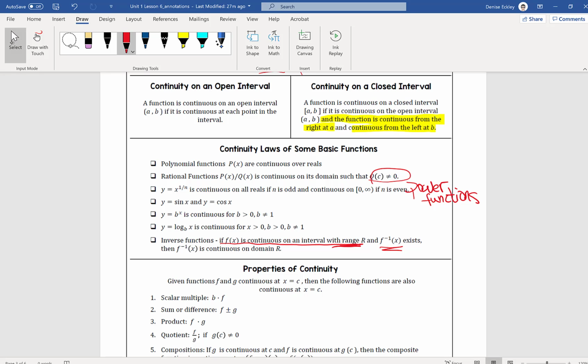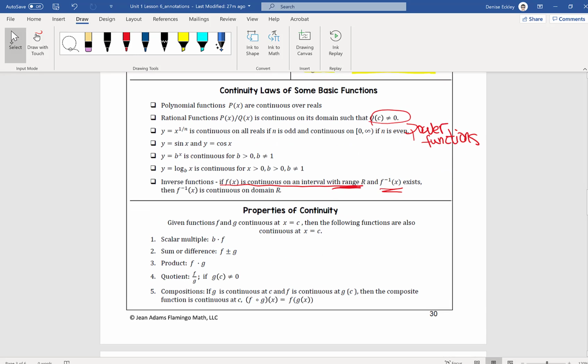Some basic properties of continuity. Let's take a look at those. If f and g are continuous at x equals c, then the following functions are also continuous at c: if you multiply by a scalar, which is just a number, if you add or subtract them, if you multiply the two functions, or if you take the quotient. You want to remember that there is the possibility that at x equals c, g could equal 0, so you want to make sure that that doesn't occur.